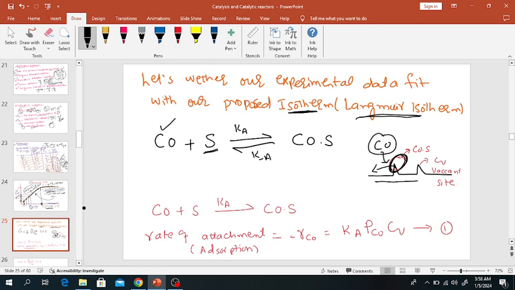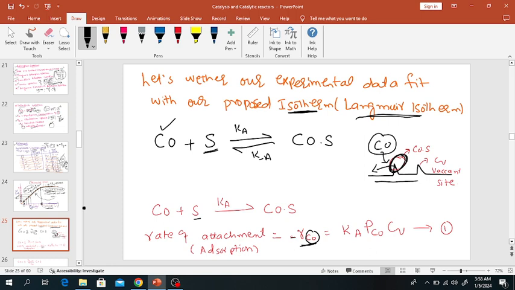In the adsorption of carbon monoxide, carbon monoxide is attaching to the active site, and this is the adsorption rate constant Ka. The rate of attachment of carbon monoxide is denoted by minus r_CO, with a negative sign because carbon monoxide is decreasing in the gaseous phase.